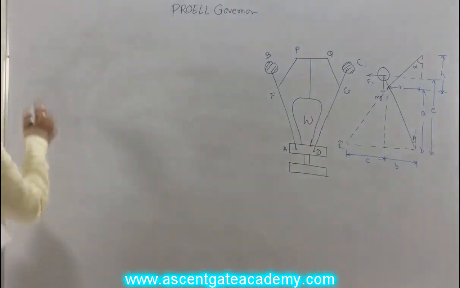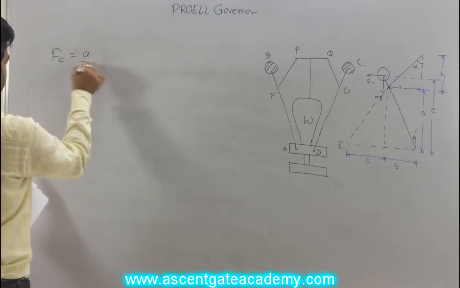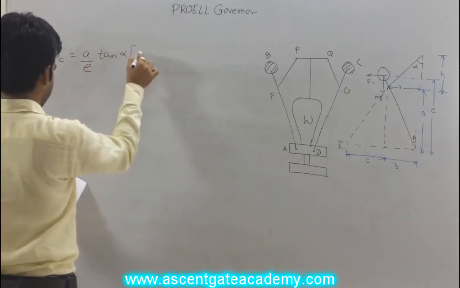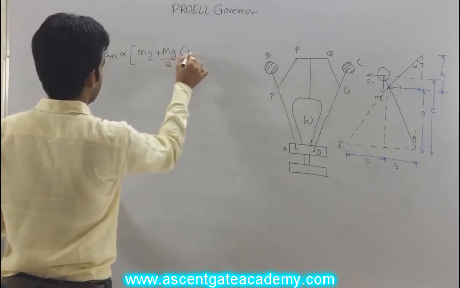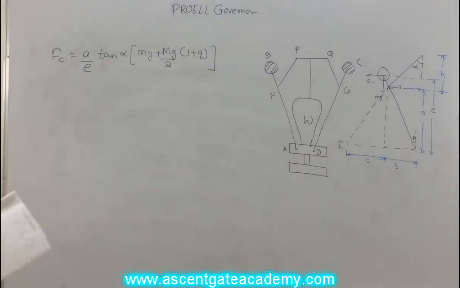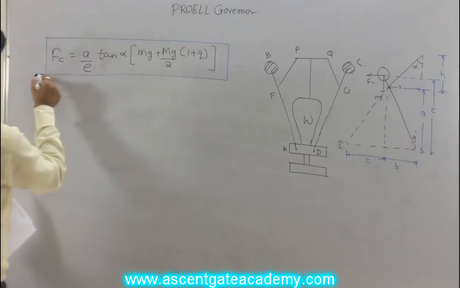Okay, so this final formula: Fc is equal to a by e tan alpha mg plus capital Mg by 2 into 1 plus Q. Okay, this is the formula for centrifugal force Fc.